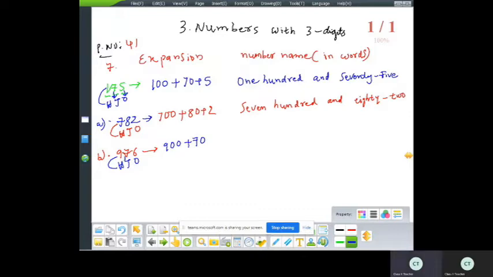Now the digit in 1 place is 6. 6 ones are 6. 900 plus 70 plus 6. 976. In words or number name is 900 and 76.